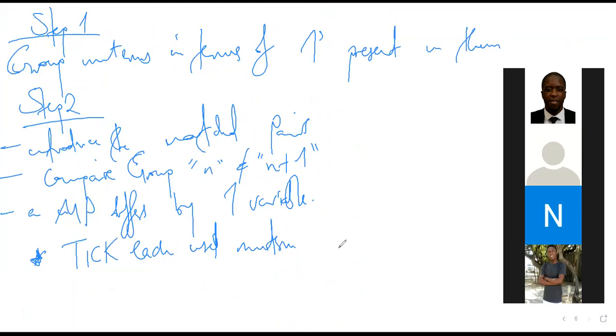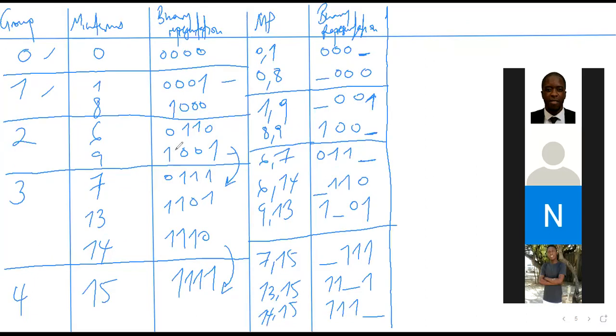So if we start here, the min-terms which were used, beginning here, we have 0, 1, 8, 6, 9, 7, 13. All of them were used in the function f.